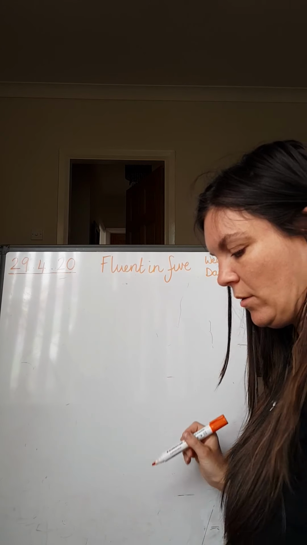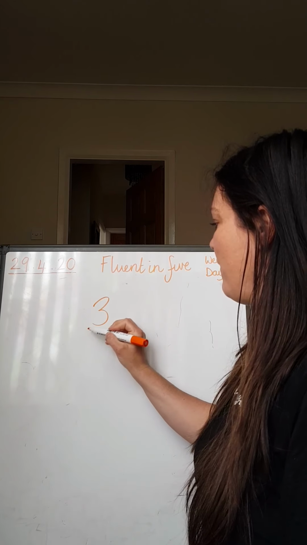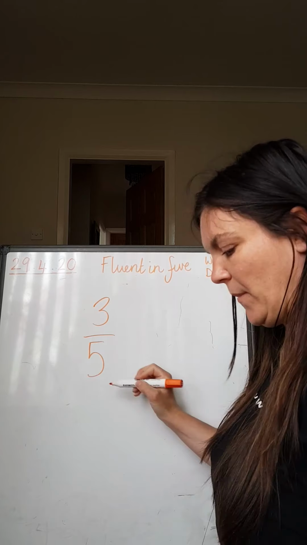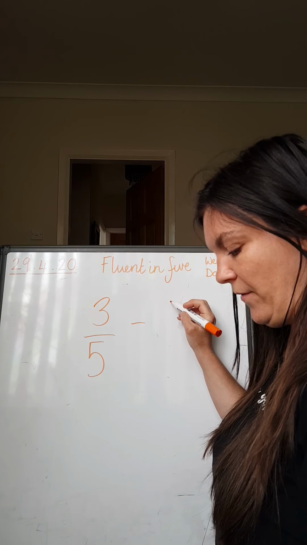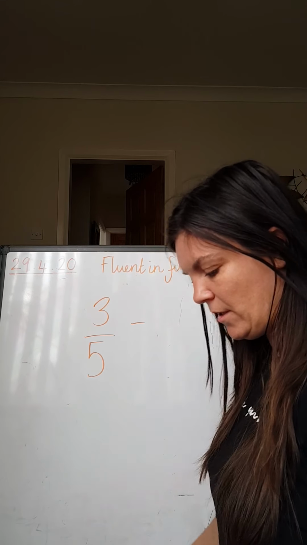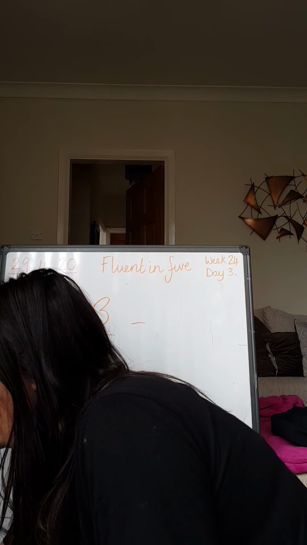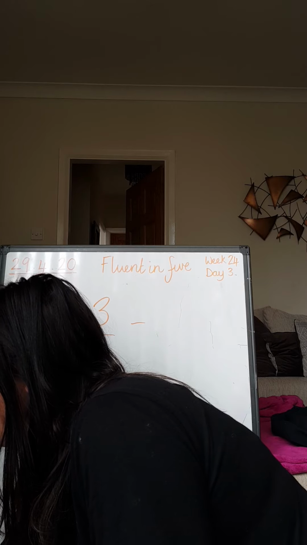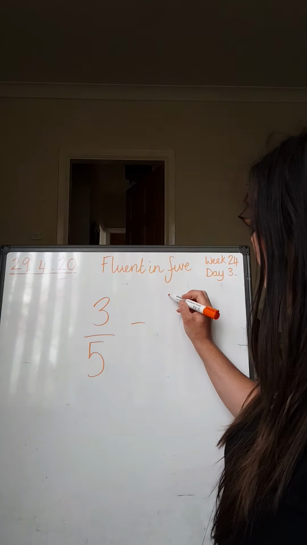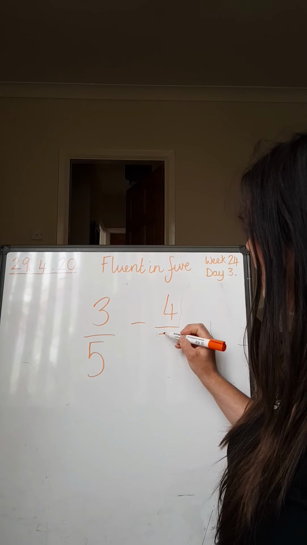Okay, the next one, question 4. We've got 3/5 and I'm going to take away 4/5. Is that right? Let me just double check. Three-fifths, take away 4/5.